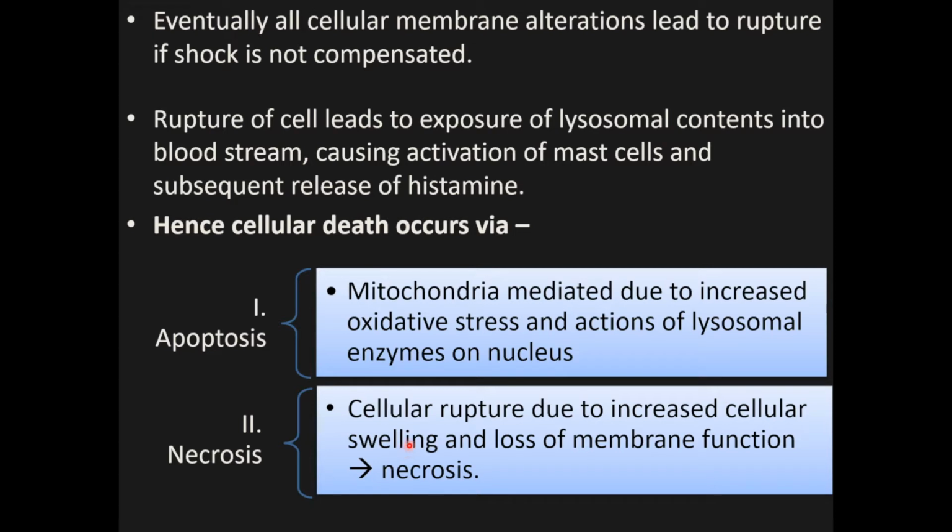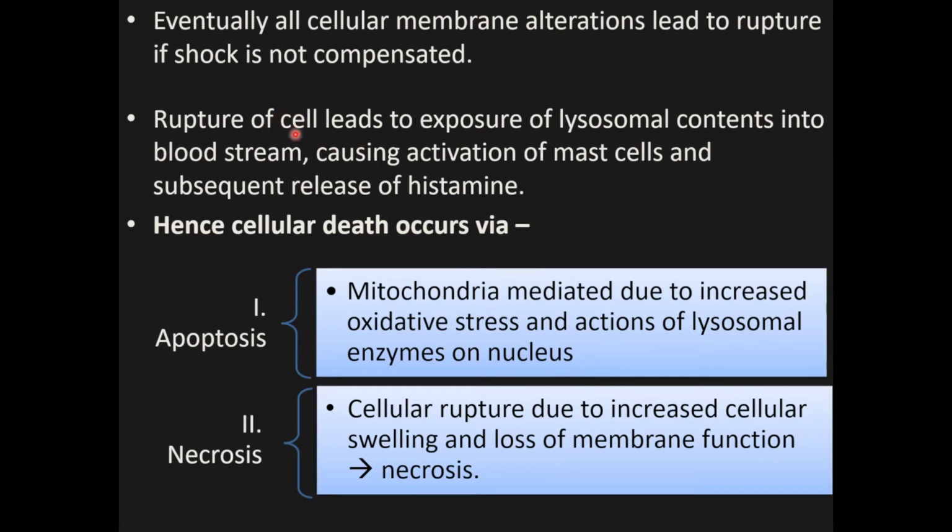Necrosis is primarily mediated by cellular rupture due to increased cellular swelling and loss of membrane function, as we said before. The primary difference between apoptosis and necrosis is that necrosis leads to initiation of widespread inflammation in the body.